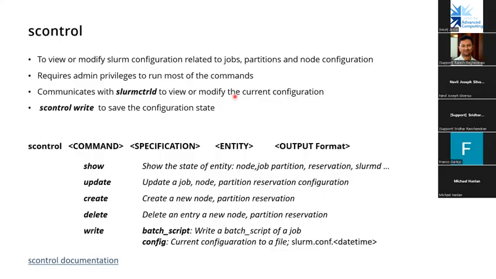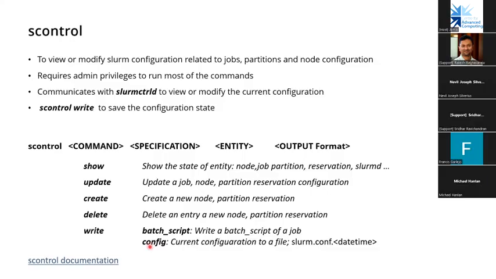There are a few ways to update it. We can use SControl write config to save the configuration, or we can directly go to the SLURM config files and make the updates directly. So coming to SControl, there is one command, which I came across while reading through this, SControl write batch script, which writes the batch script of the job to a particular location that you want it to be written to.